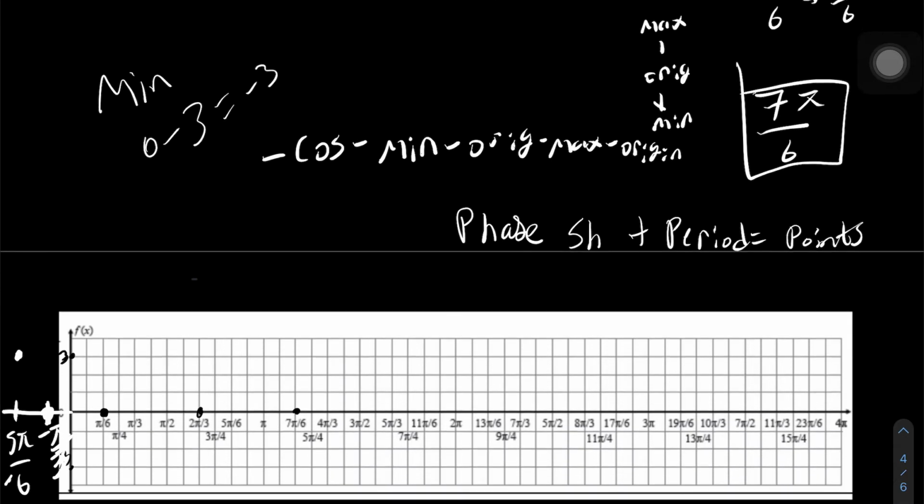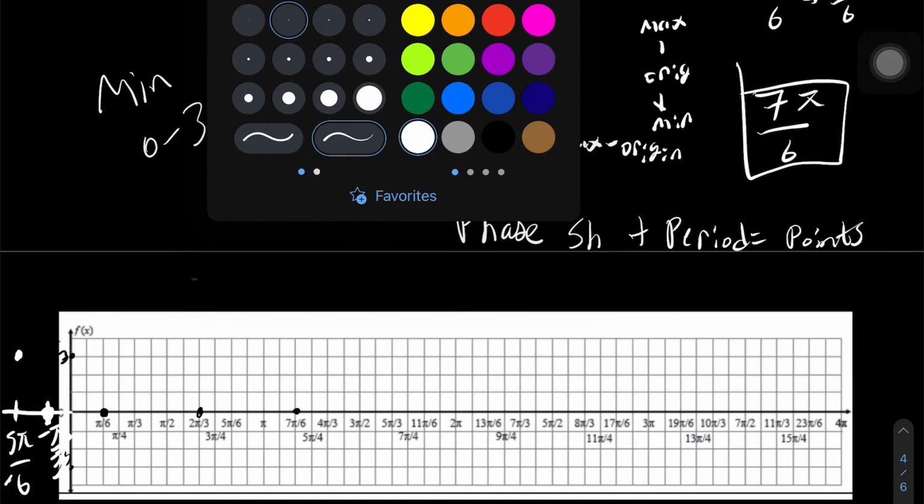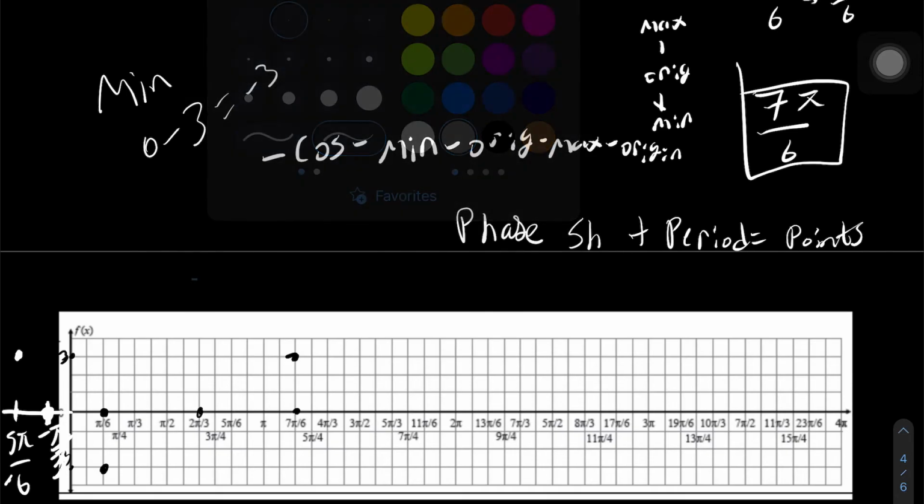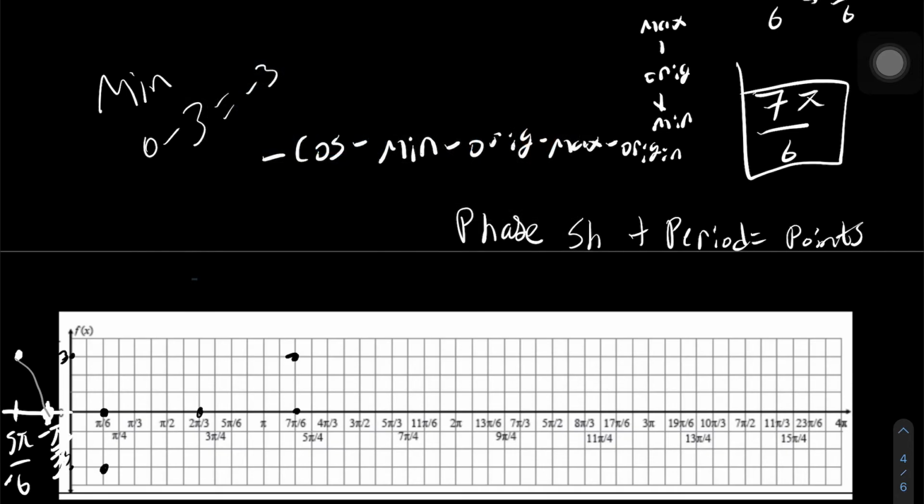We go to our minimum at pi over 6, which is negative 3. Then back to the origin at 2 pi over 3. Then we go to the maximum at 7 pi over 6, comma 3. You can connect the dots: max, origin, min, origin, max.